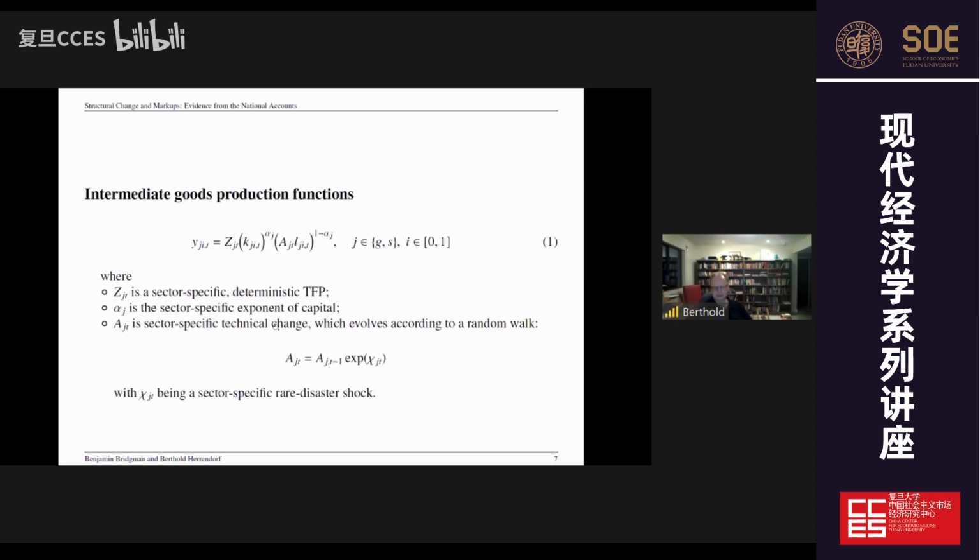Because these alpha exponents are not the same in both sectors. But what we're going to do is look at balanced growth paths, where on each balanced growth path, there's no structural change, so that all the proportions, everything is constant. And then even two Cobb-Douglas production functions with different exponents are going to aggregate to one aggregate production function with an aggregate exponent. So that's nice.